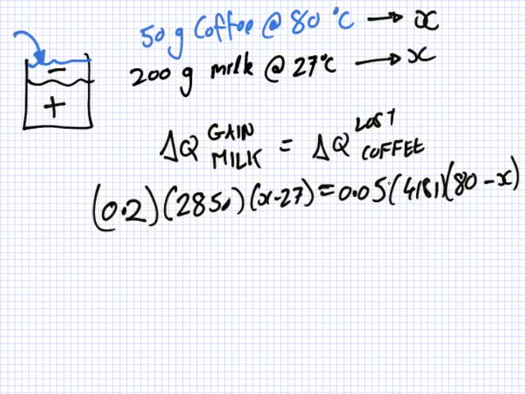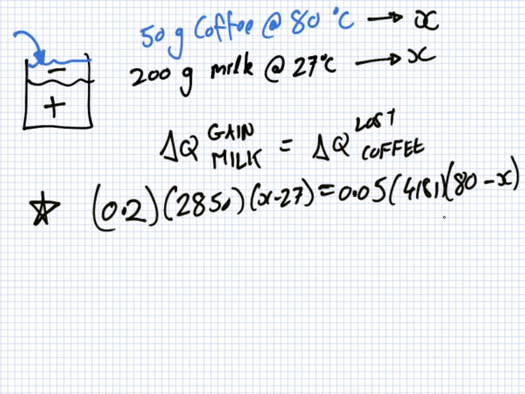Okay, what I want everybody to do now for me is to solve this equation. The coffee goes from 80 to X. It starts at 80 and it drops down to X. Whereas the milk starts at 27. They both finish at X. But the reason I'm saying it differently is because you must understand that the X is smaller than 80. So I only care about the change.